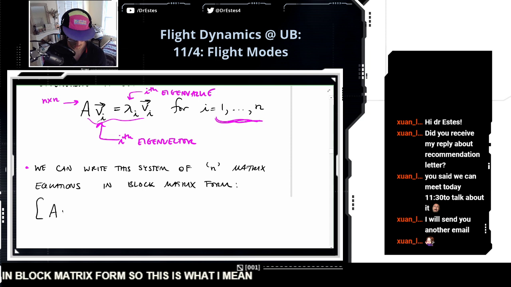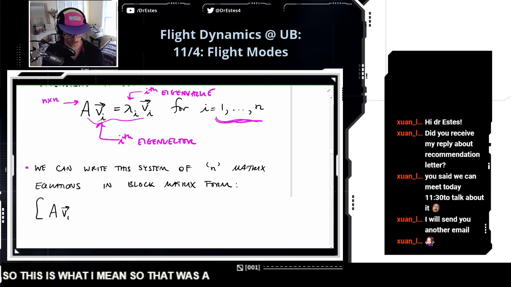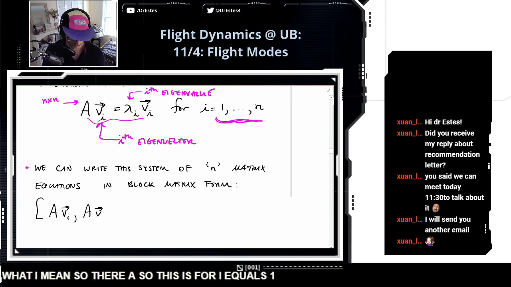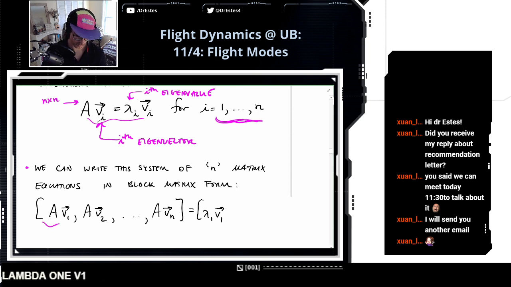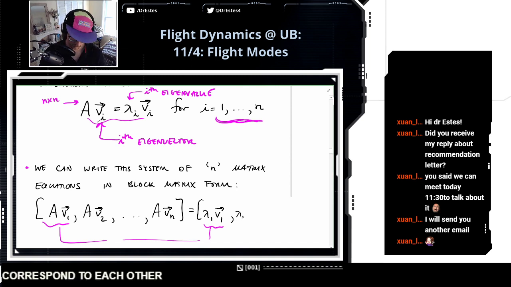We'll go A times v1 for i equals 1, v2 for i equals 2, and all the way up to vn. This would be equal to lambda 1 v1. These columns correspond to each other. Lambda 2 v2, all the way up to lambda n vn.